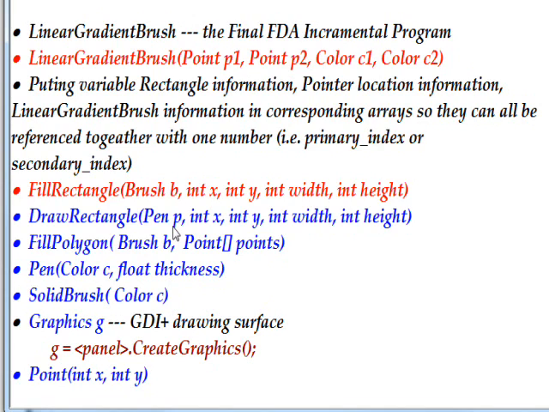And finally, the point object we used really extensively for the arrays of points that allow us to move things around in the animation. And the point object parameters are just an int x and an int y for the position of the point.